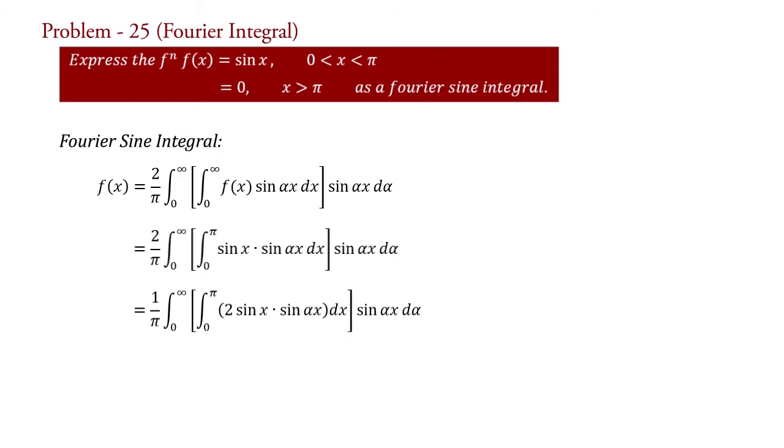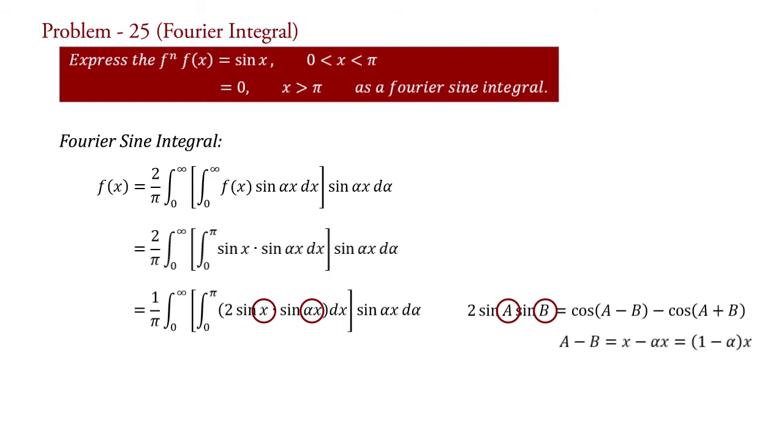Therefore, f of x equal to 1 upon pi into this. Now, using the trigonometric relation, 2 sine a sine b equal to cos of a minus b minus cos of a plus b. In our formula, a equal to x and b equal to alpha x. Therefore, a minus b equal to x minus alpha x equal to 1 minus alpha into x, and a plus b equal to x plus alpha x equal to 1 plus alpha into x.